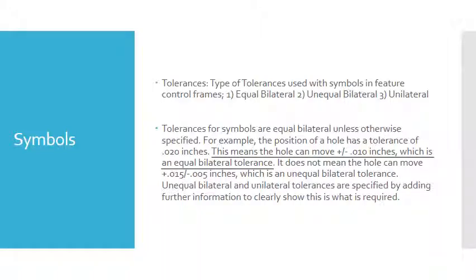This means the hole can move plus or minus 0.010 inches, which is an equal bilateral tolerance. It does not mean the hole can move plus 0.015 to minus 0.005 inches, which is an unequal bilateral tolerance. Unequal bilateral and unilateral tolerances are specified by adding further information to clearly show this is what is required.